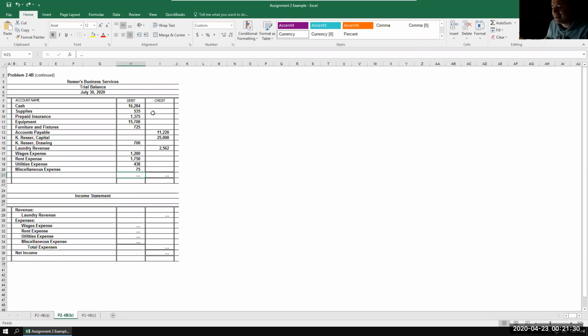The trial balance is known as an internal document, whereas the rest of the financial statements are external documents. That means the trial balance is just for the business. It's just for us. It's a chance to look at our debits and credits as a first check to make sure we've done everything correctly, or at least that our debits and credits balance.